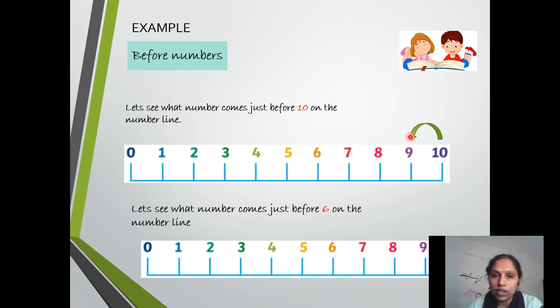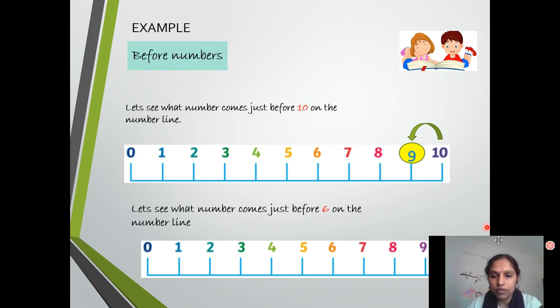So where did we reach? We reached 9. So 9 is the before number. So when you are moving backward in a number line, what we get is the before number. If you are going one step backward, what we get in the number line is the before number.